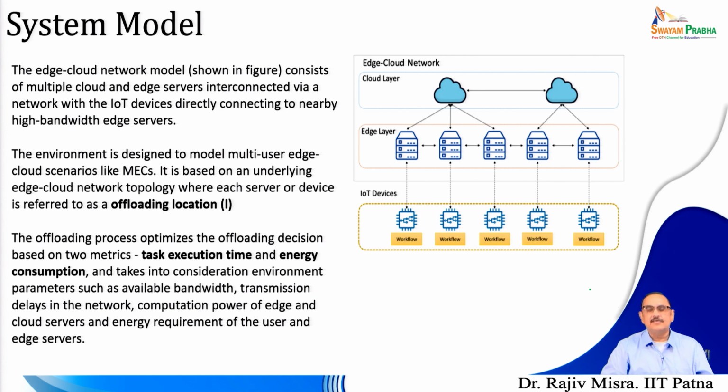Now, let us consider the system model. In the system model, the edge cloud network consists of multiple clouds, as you can see here, and edge servers interconnected via the network, and the IoT devices.